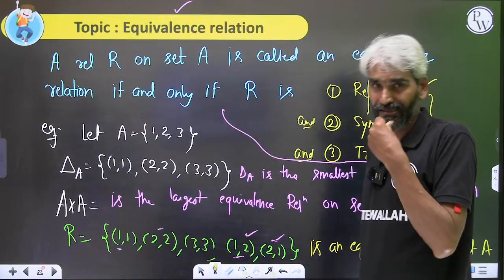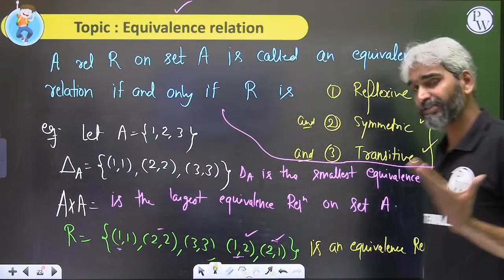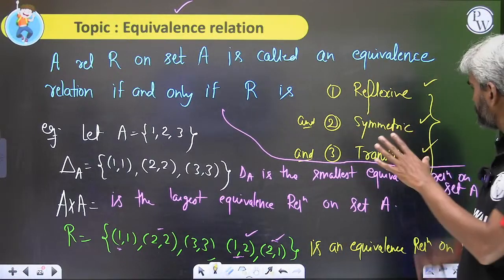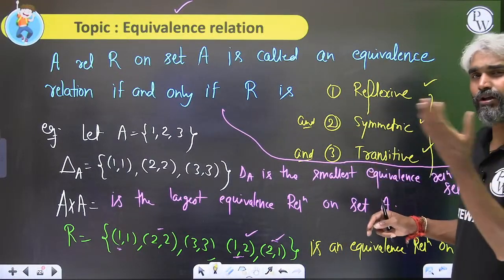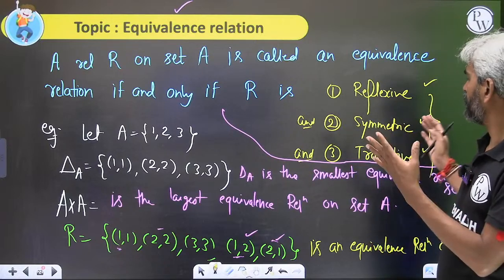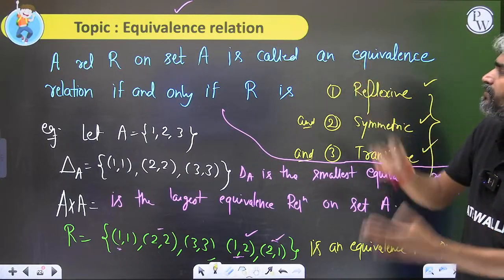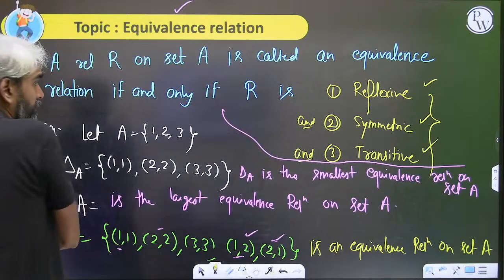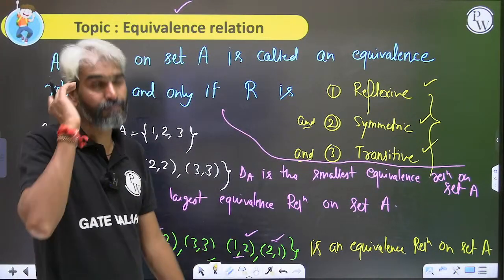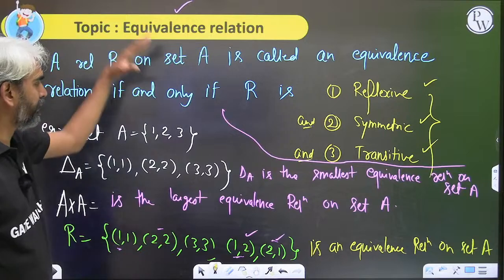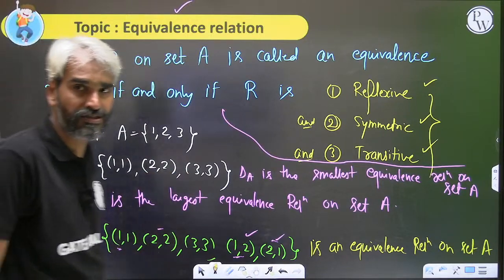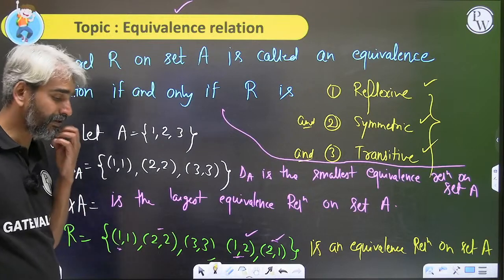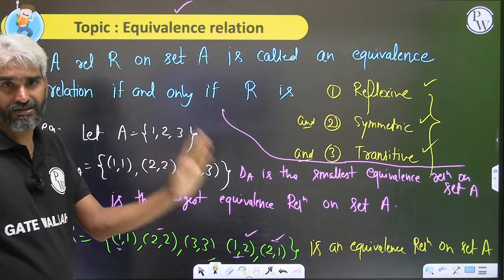So we'll discuss partial order relations in tomorrow's class. Along with partial order relation, I'll also explain with respect to equivalence relation. Don't need to worry about that. I'll not skip anything. It may be the case that what you are expecting in this session, you may not get all of it, but ultimately you'll get it in the next session.